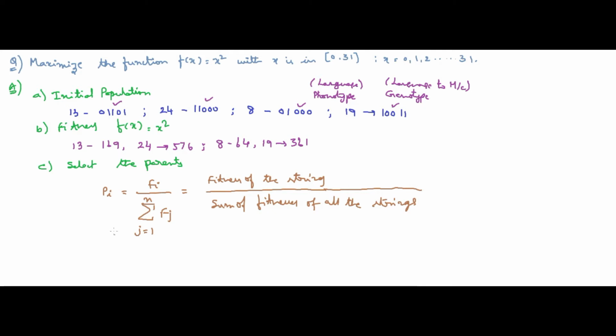If I want to find out Pi of 13, first I need to see the fitness of this. This is 169. So I can write 169 divided by the sum of fitness of all the strings. The sum of fitness of all the strings means I need to add this, this, this and this. Of course, we will do these things in a tabular manner so that it will be very easy for us to understand.